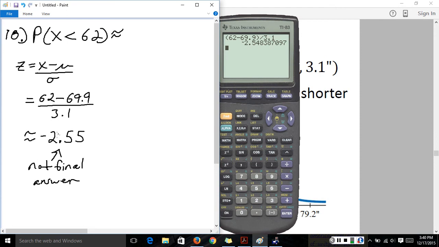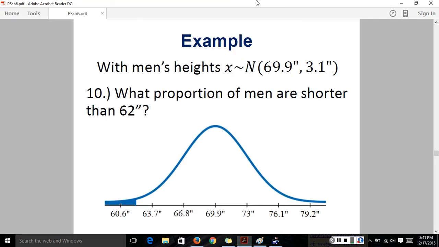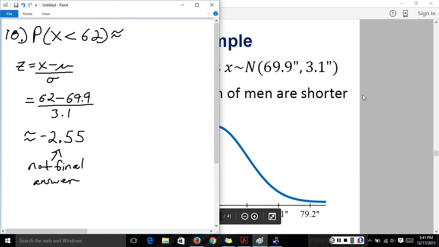But this z-score will help me get to my final answer, which is the probability. So it's important, but it's not my final answer. So on this scale, 62 inches is at negative 2.55 standard deviations below the mean. I know it's below the mean because of the negative.